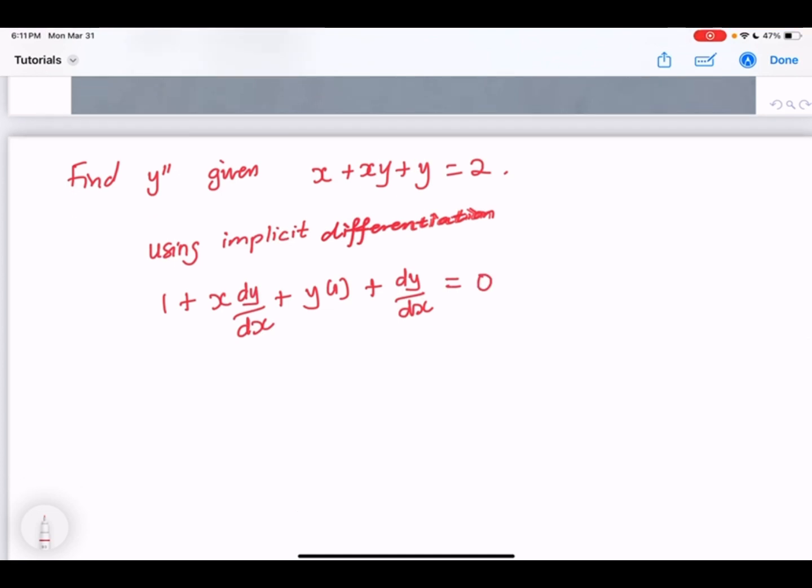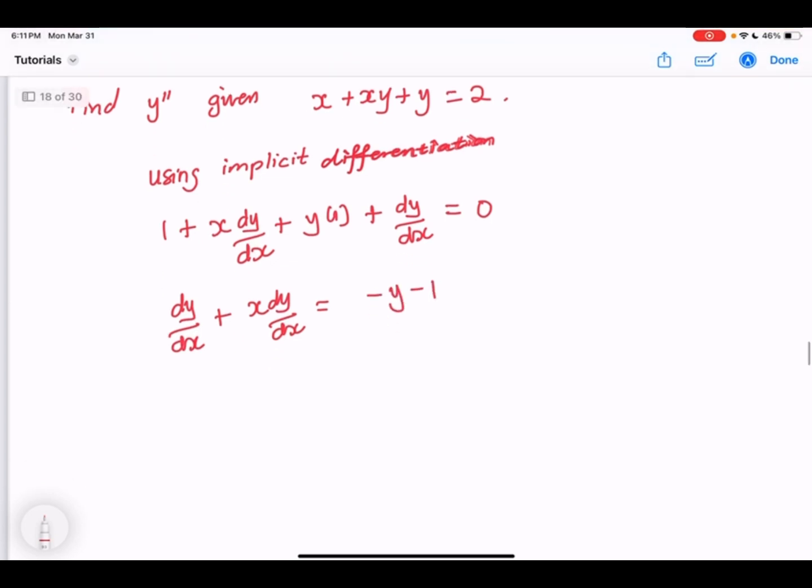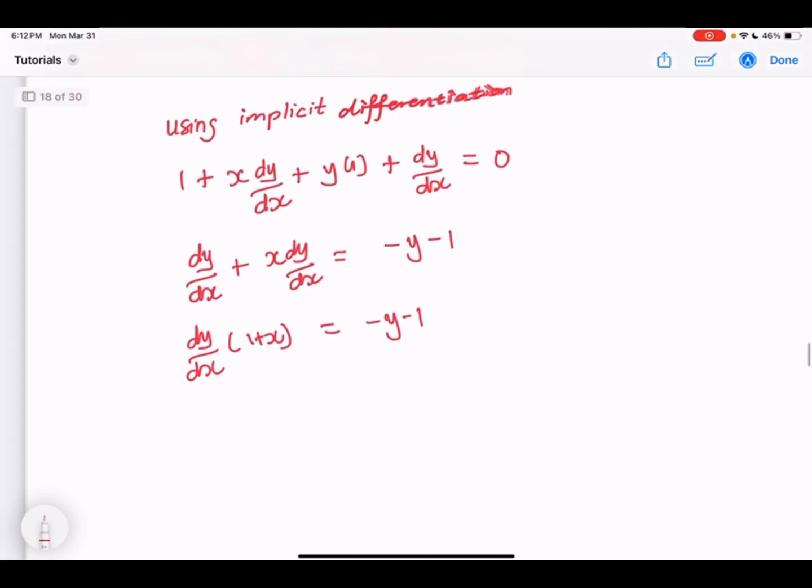So let's make dy dx the subject. So dy dx plus x dy dx is equal to minus y minus 1. Factorize dy dx, we are going to have 1 plus x multiplying dy dx is equal to minus y minus 1.